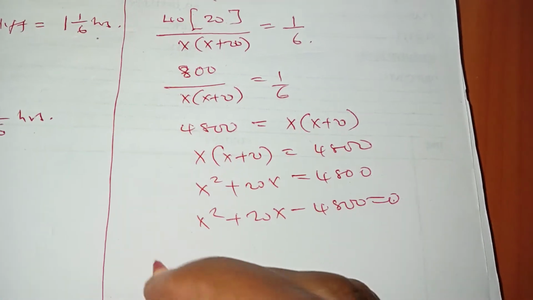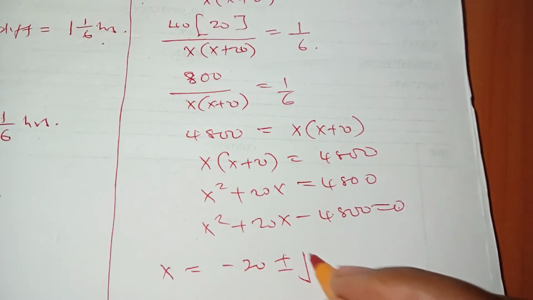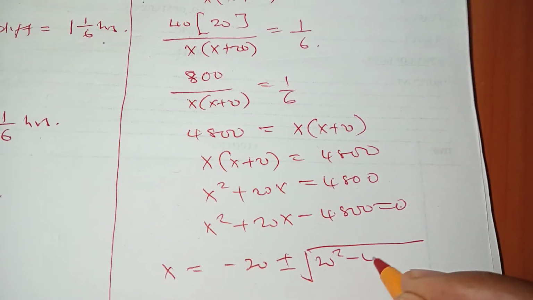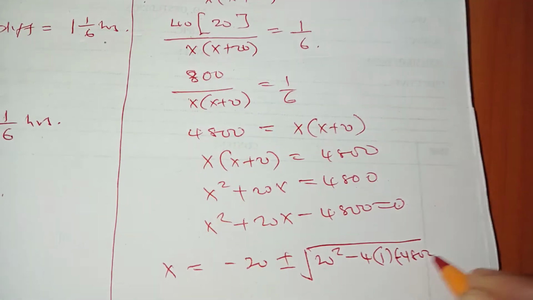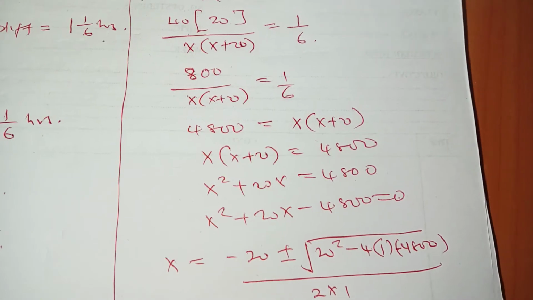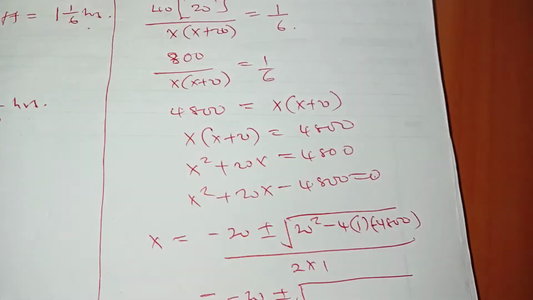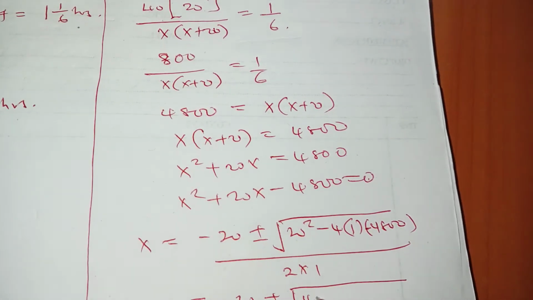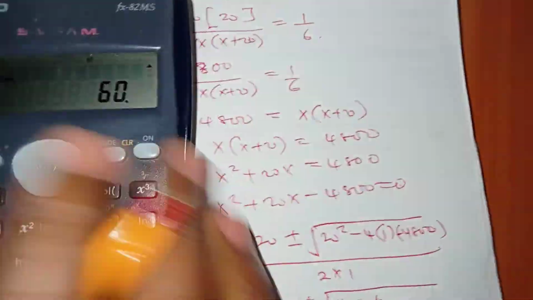Solving this quadratic using the quadratic formula, so minus 20 plus or minus the square root of 20 squared minus 4 times 1 times negative 4800, over 2 times 1, right? So this is minus 20 plus or minus the square root of 400 plus, should be plus, take a calculator very quickly.